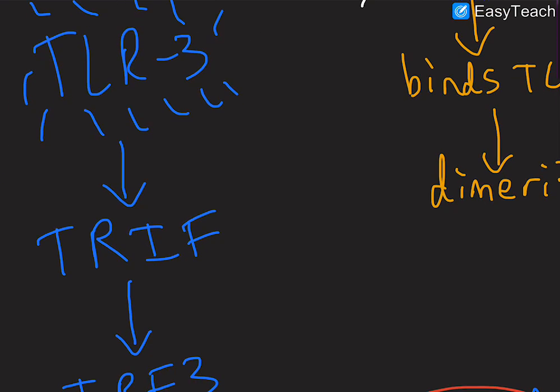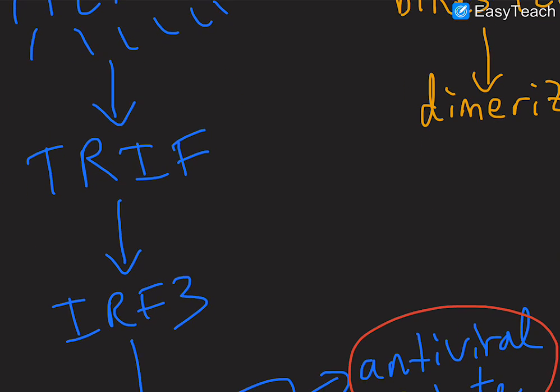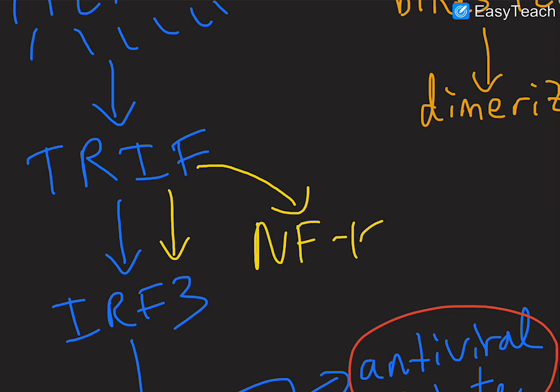But the thing is, not only does TRIF activate IRF3, but it also activates something familiar that we've seen in our other toll-like receptor videos, like 1, 2, 5, and 6. TRIF also activates interferon, or not interferon. We've been talking about interferon for so long, I thought this was interferon. It activates nuclear factor kappa B, right?